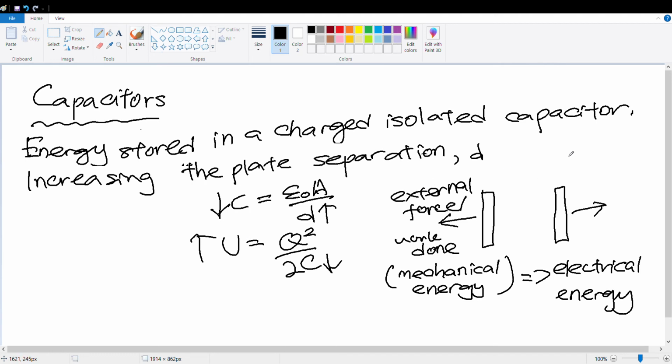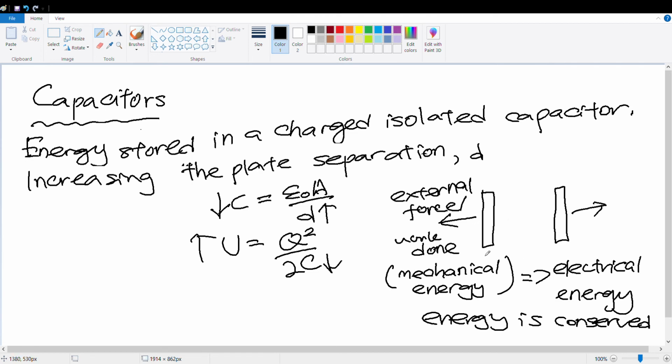The reason is that the external force, or the mechanical energy, which is used to pull the plates of the capacitor further apart, is converted to electrical energy. This shows that my energy is conserved, and there's no energy lost to the surroundings.